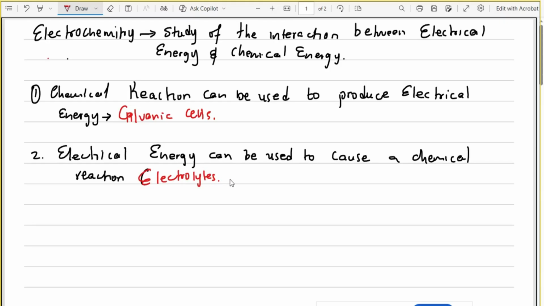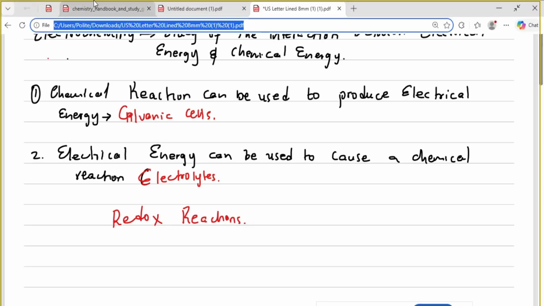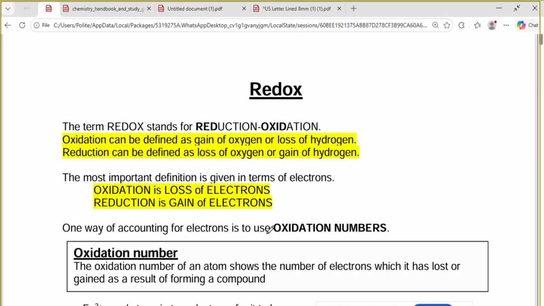Okay, so now, in order for you to master this topic, you need to understand the redox reaction. I will go back to that. Let's go to the redox reaction. We need to make sure that you are familiar with this topic, then we'll take everything from this. The term redox stands for reduction, oxidation.